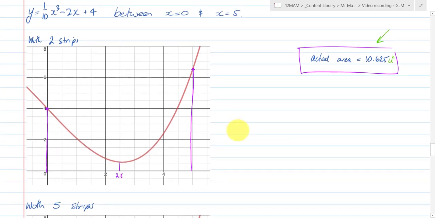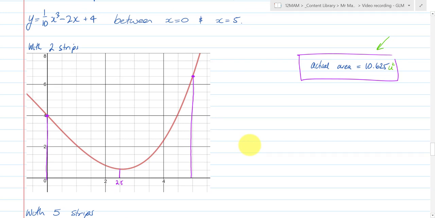And so, what do we have? We have that the area is equal to width over 2 times the ends plus 2 times the middles. Now, let's work out the heights first of all, and we can do this nicely over here. Y is our height, so height naught will be equal to 1/10 of 0 cubed minus 2 times 0 plus 4, which equals 4.